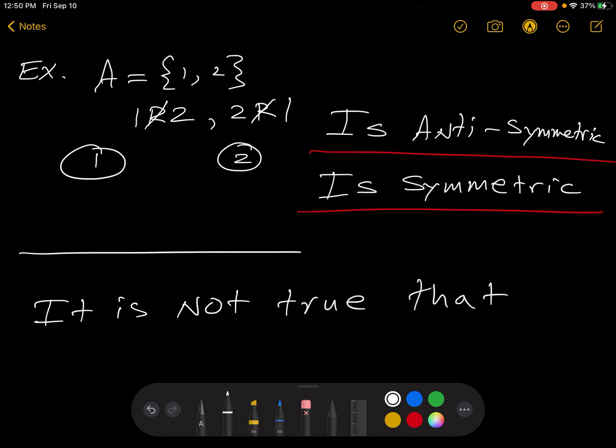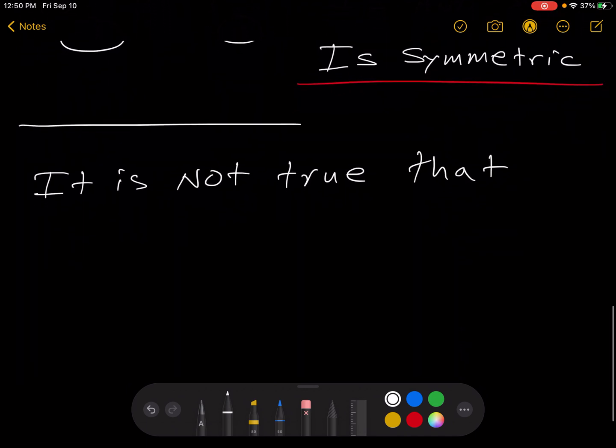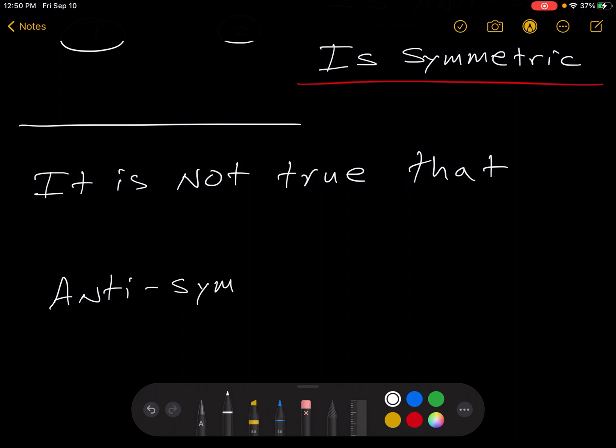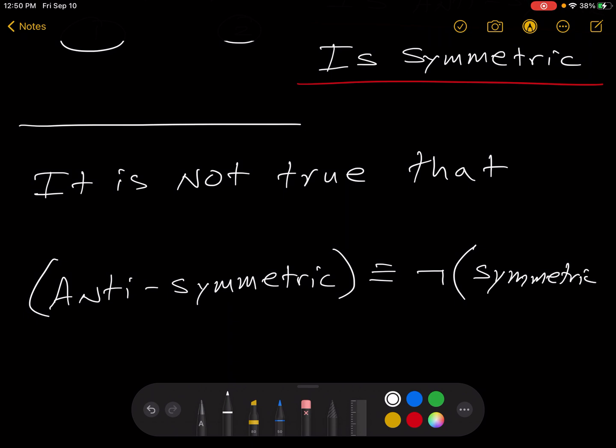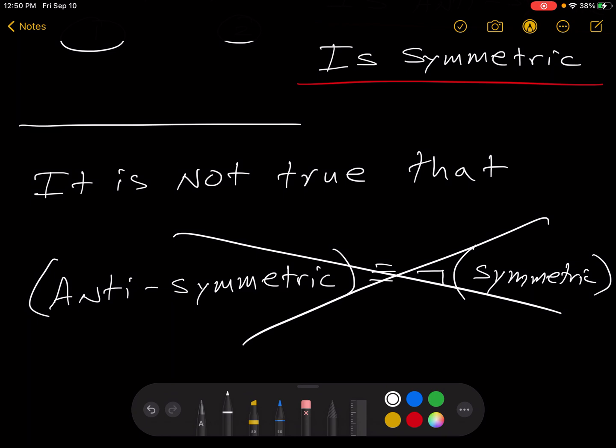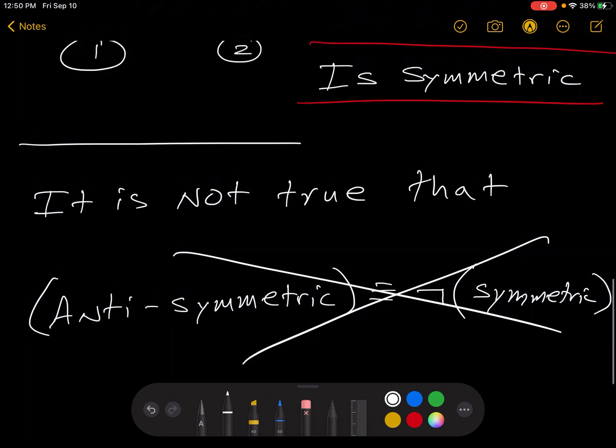It is not true that antisymmetric and symmetric are opposites. This is not true.